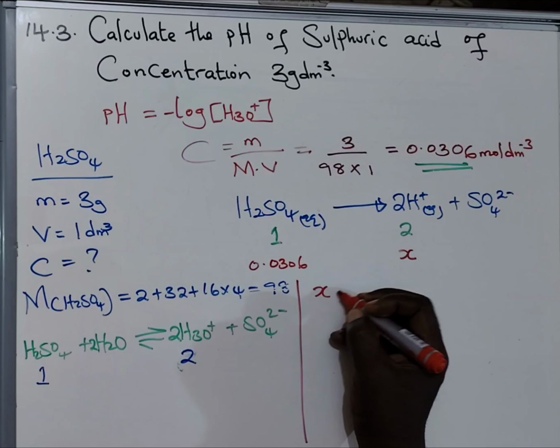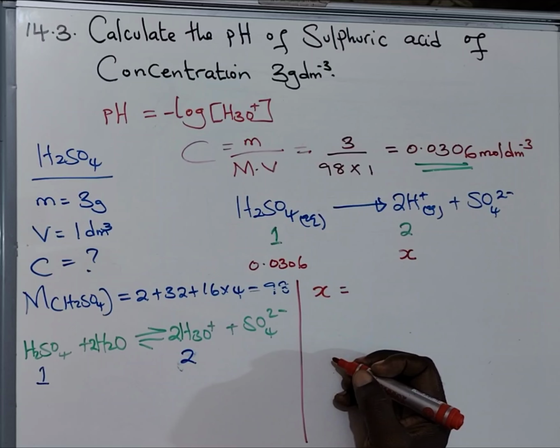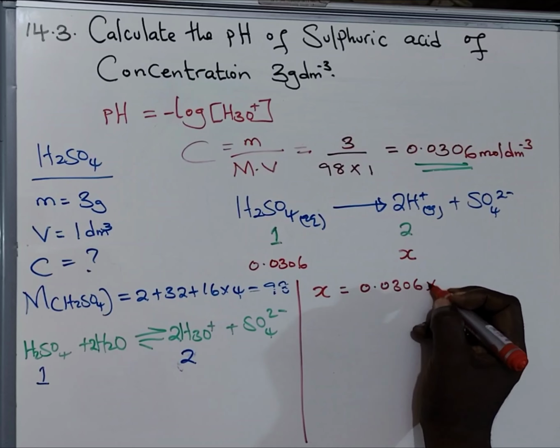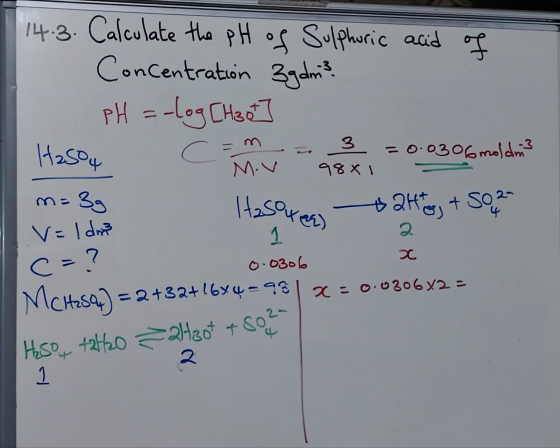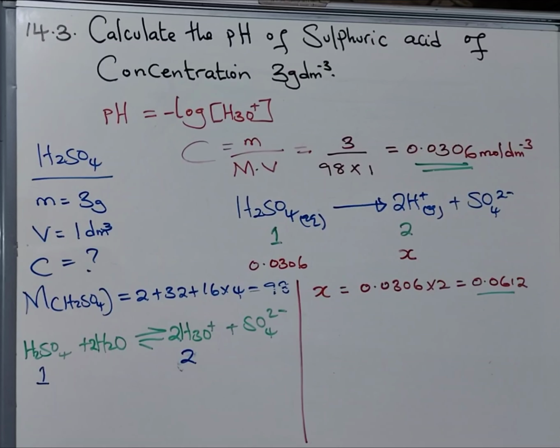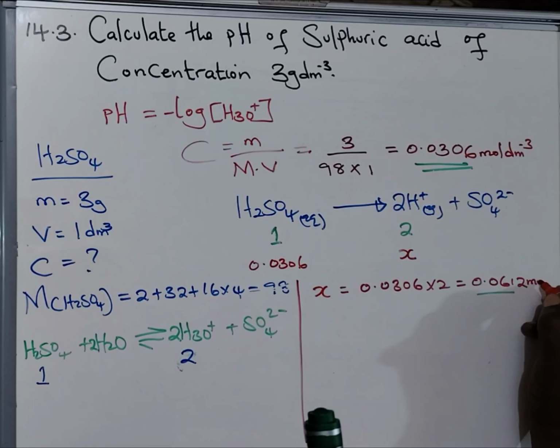So you are going to say X is equal to 0.0306 times 2. Yeah, so this is what you get. You get this, but it is concentration, implying what? That it is in moles per cubic decimeter.